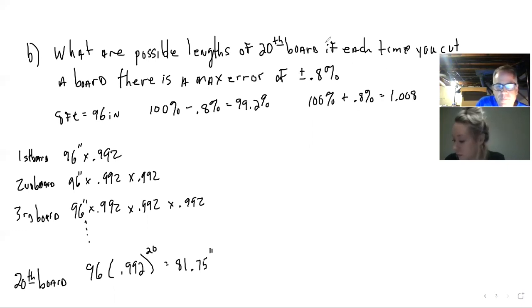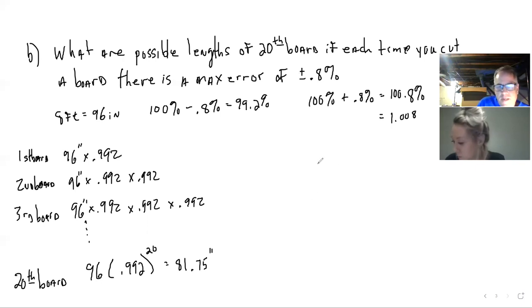Well, hold on a second. Technically, I didn't have it as a percentage here, so writing it as a percentage would be 100.8, which then converting to decimal form would be 1.008. Now that looks better.